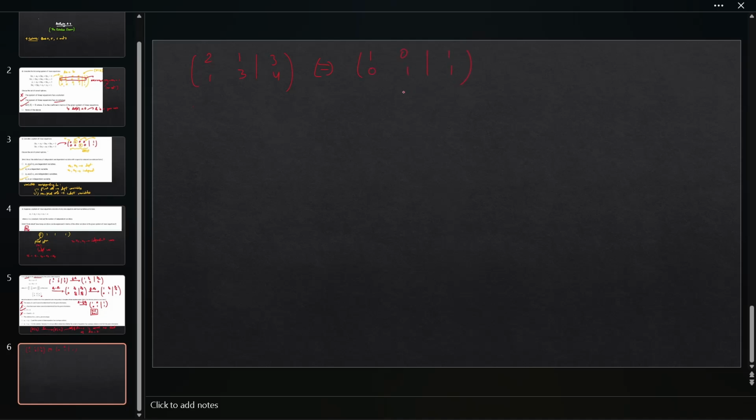So if we write the equations corresponding to this system, which is 1 times x1 plus 0 times x2 equal to 1, and then 0 times x1 plus 1 times x2 equal to 1, that will give us x1 equal to 1 and x2 equal to 1. So thus the system has a unique solution.